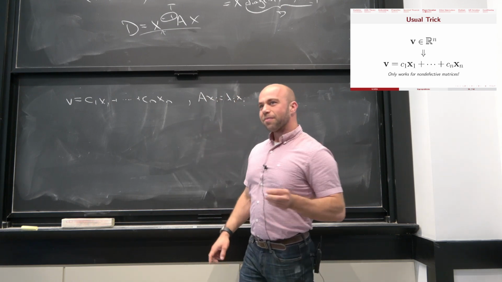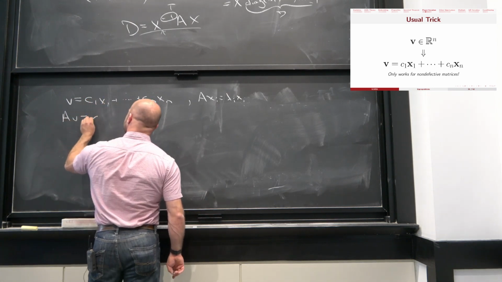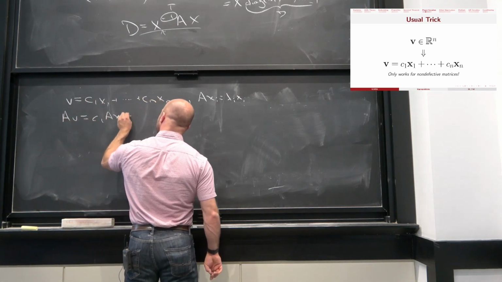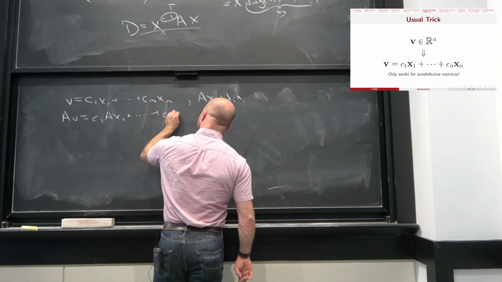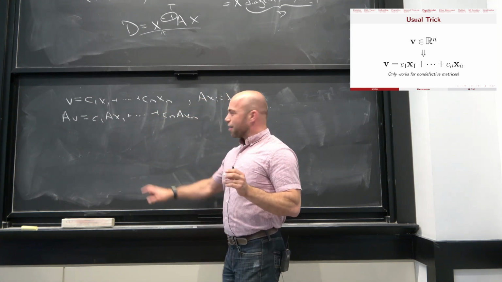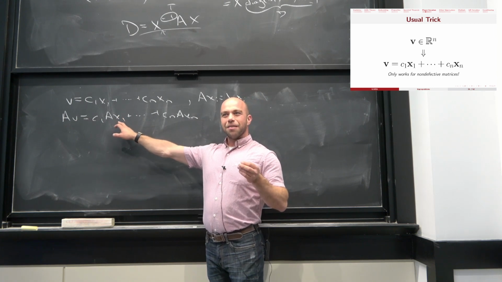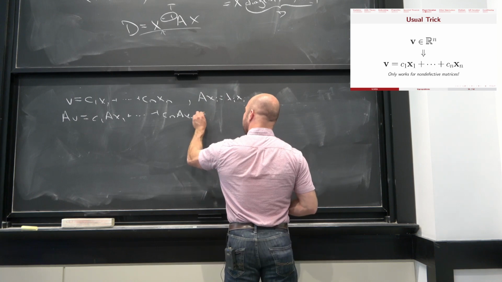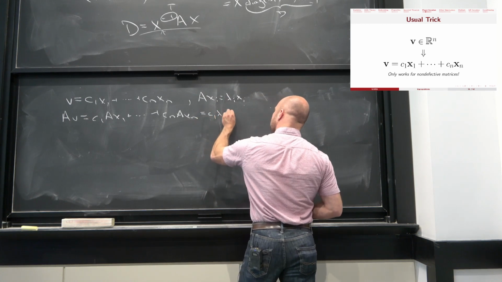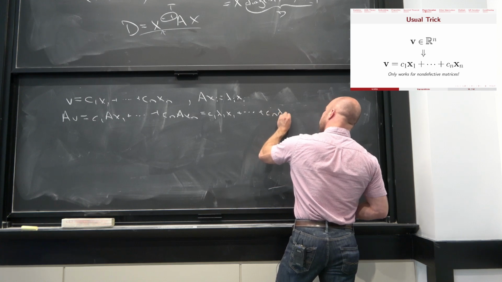So what is A times v? Well, it's c1 A x1 plus ... plus cn A xn. And that's awfully convenient because we know A x1 is equal to lambda 1 x1. So in particular, this is c1 lambda 1 x1 plus ... plus cn lambda n xn.